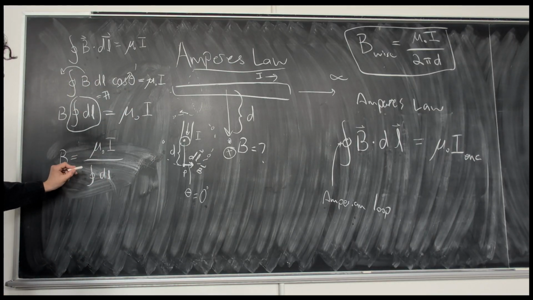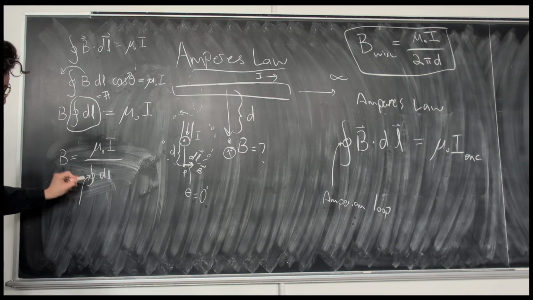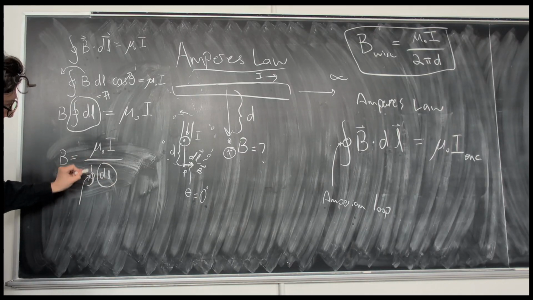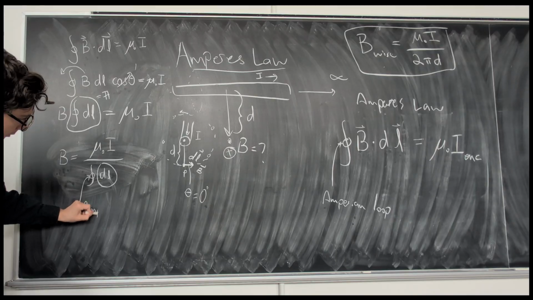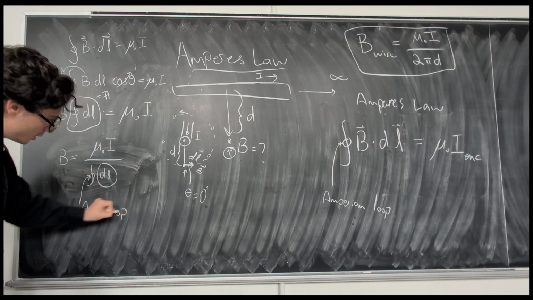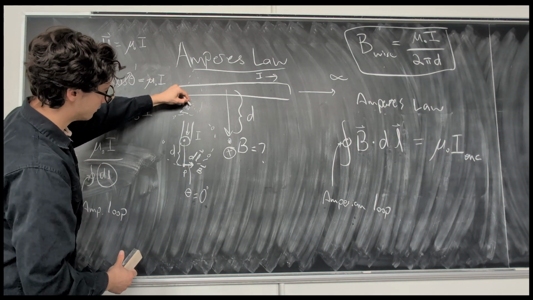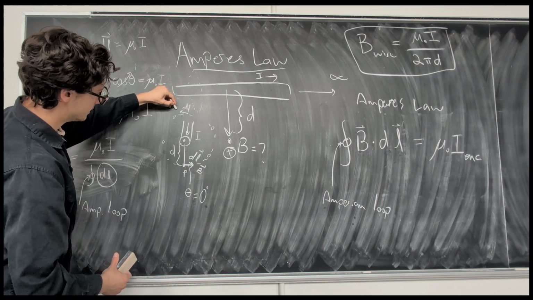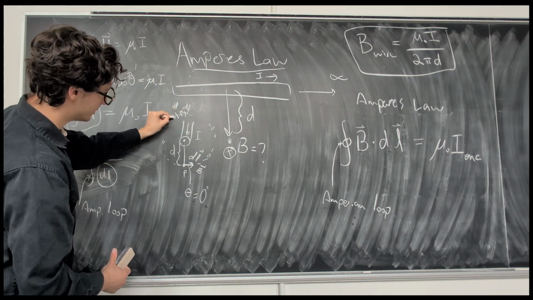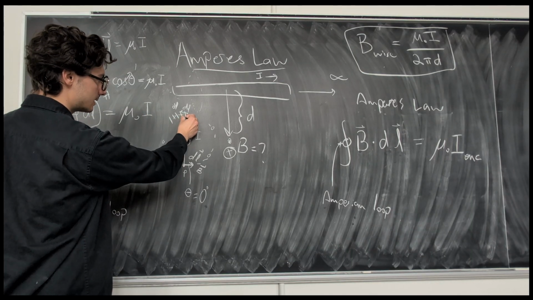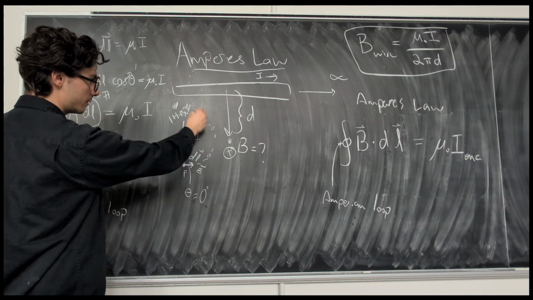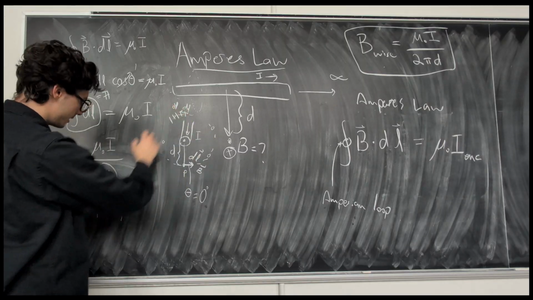Anyway, what is this? This is basically saying add up all the dl's around your Amperian loop. What does that mean? Here's the Amperian loop. I told you we have dl over here, dl over here. We basically break up the loop into all these tiny pieces, these tiny lengths, and I add them up all the way around my entire Amperian loop.